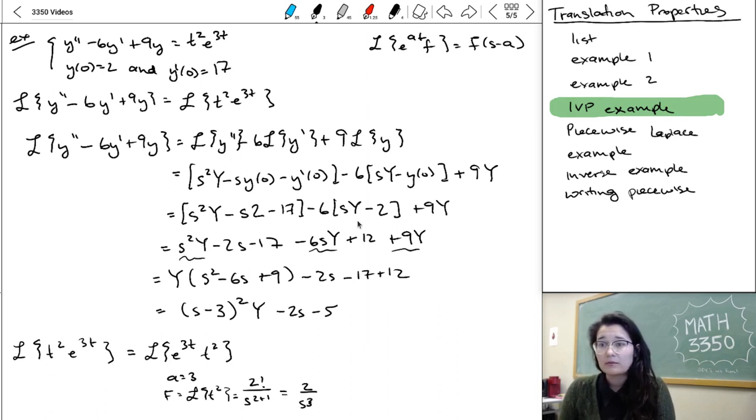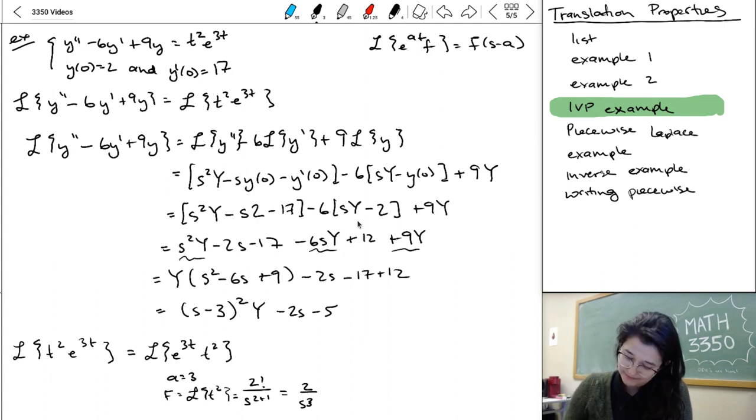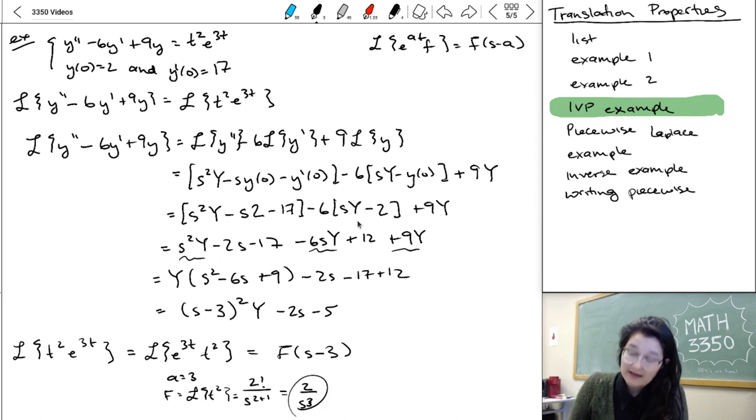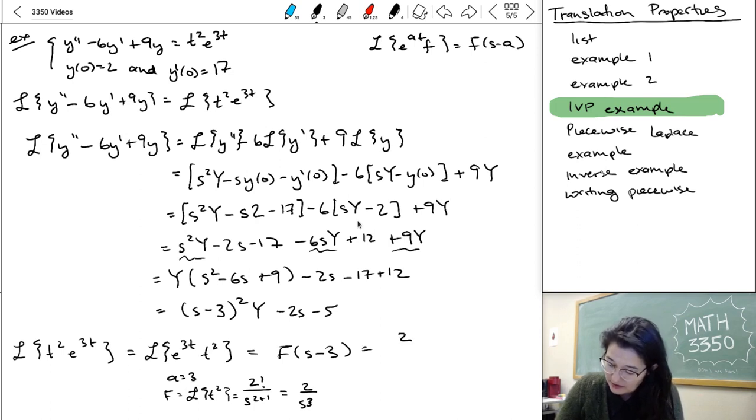It's a bad 3, but I'm not going to erase it. So when we apply our property, we're going to get F of s minus a, so F of s minus 3. So we're just going to take this, which was big F, and then plug in s minus 3 everywhere we see s. So it's going to become 2 over s minus 3 cubed.